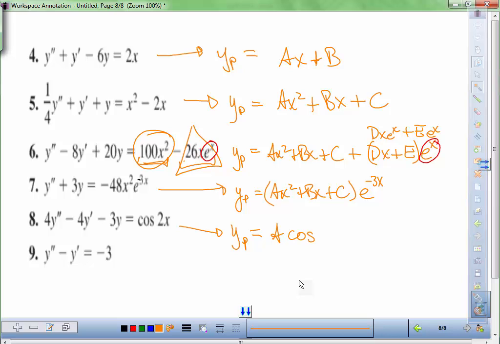A cosine 2x plus B sine 2x. So this is where you say, oh, I don't see any sine 2x's there. But that's when I tried to preface this whole thing with there's always a sine lurking around the corner.